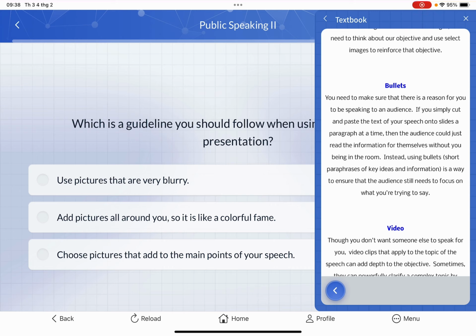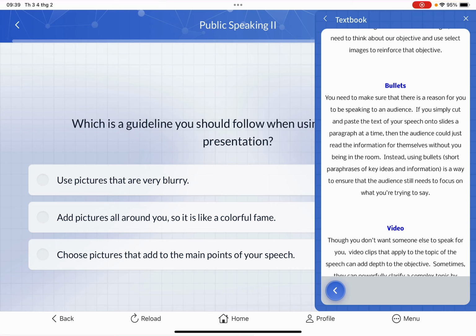So instead of copying all the speech like that, we can use bullets, short paraphrases of key ideas and information. So just a small main idea, and then we're just gonna use that to talk about the key ideas and information.